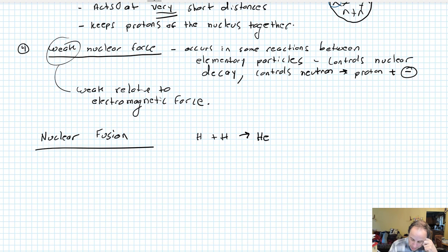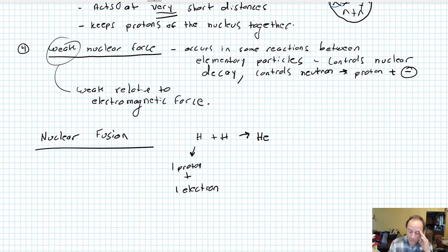A hydrogen is basically one proton plus one electron, and it can have neutrons. There are different forms of hydrogen.